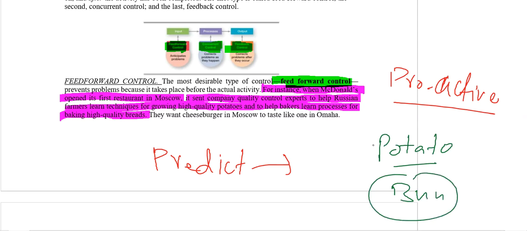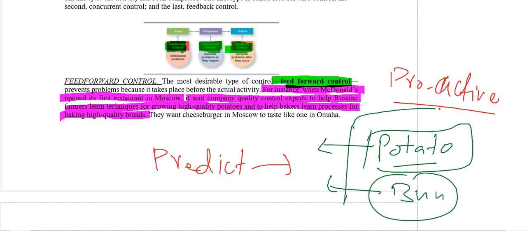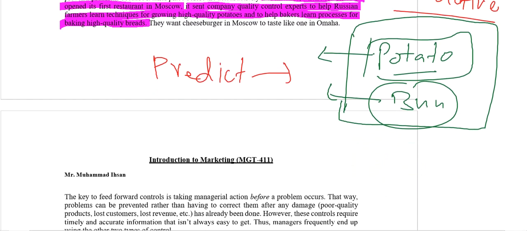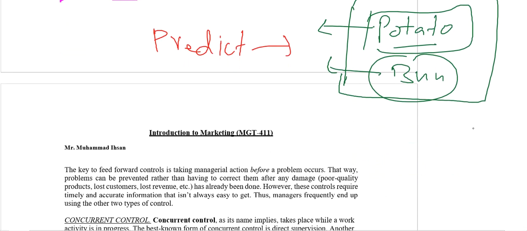So first they sent their team to help farmers grow quality potatoes and help bakers produce good buns. They did not open McDonald's before they had taught and guided Russian farmers and bakers to cultivate potatoes and produce buns.